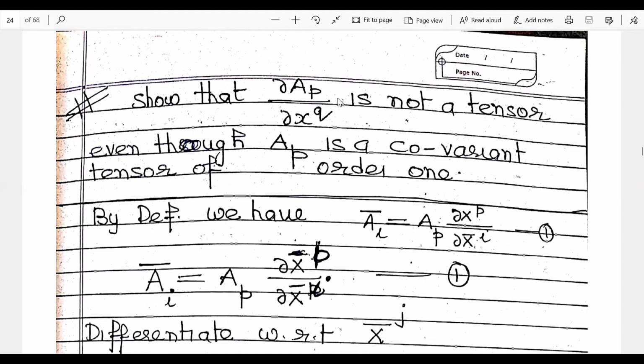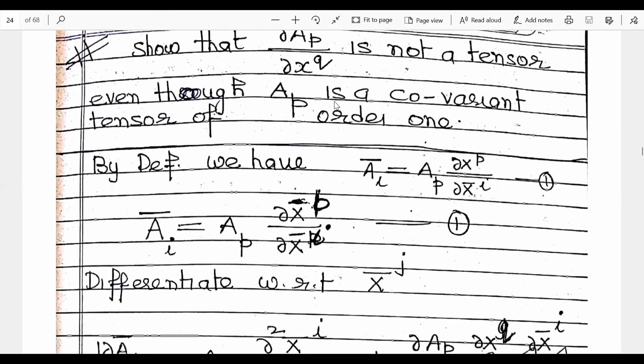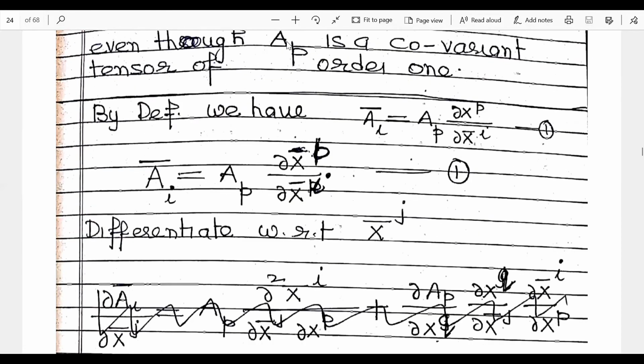So its derivative is not a tensor. First take Ap, which is related by A bar i equal to Ap ∂xp by ∂x bar i. This is the definition of a covariant tensor of first rank.